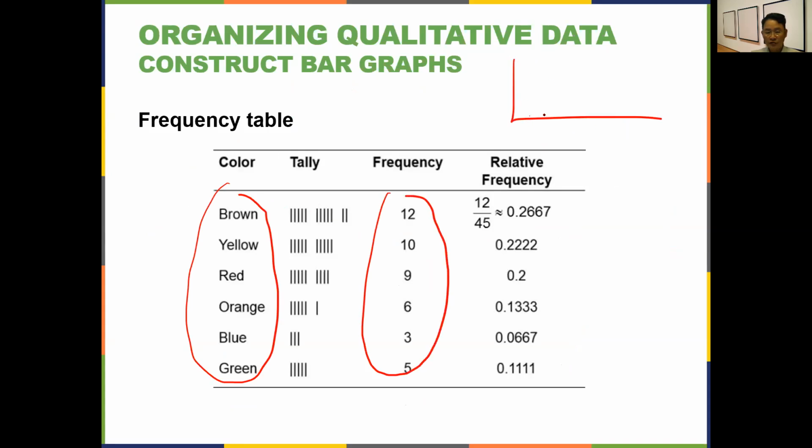The colors are going to be here: brown, yellow, red, orange, blue, and green. And this is going to be the frequency. The bar for brown goes up to 12, let's say 12 is here, and yellow goes up to 10, up to here. But notice that these bars, let's say red goes up to 9, are not connected. It's a separate bar.